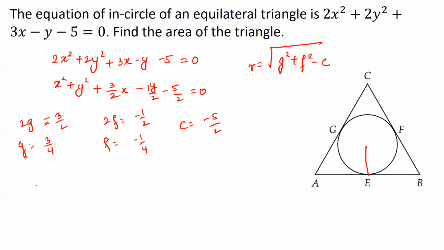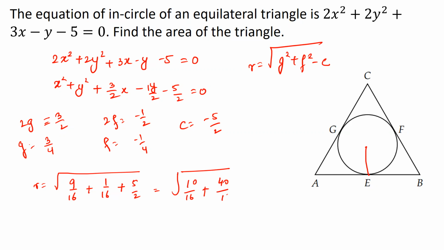So we need to figure out what r is. r is root over g squared, which is 9 by 16, plus f squared, which is 1 by 16, minus c, which becomes plus 5 by 2. This gives us 9 plus 1, 10 by 16, plus, let me multiply the numerator and the denominator of this 5 by 2 by 8, so I'll be getting 40 by 16.